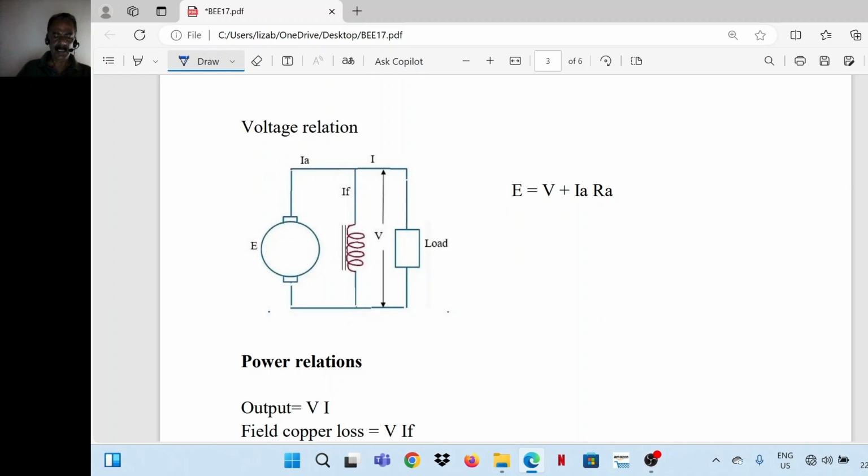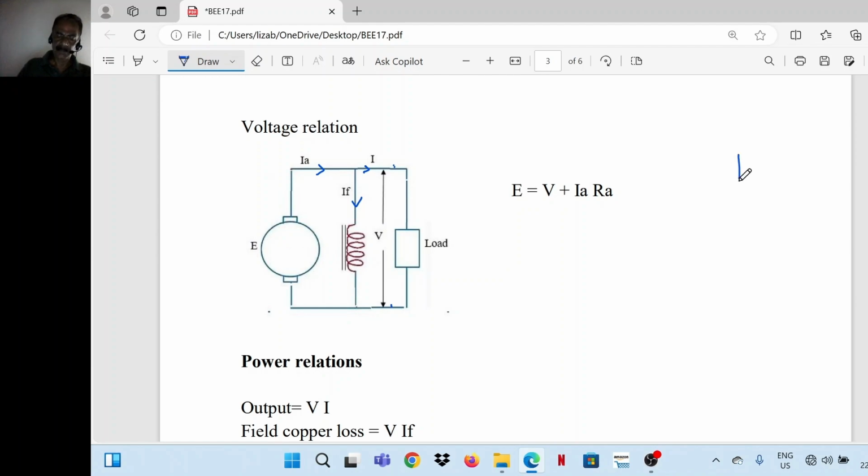Next is the voltage relation. Let V be the terminal voltage, that is voltage across the load terminals. I is the load current. IF is the field current. IA is the armature current. E is the induced EMF.